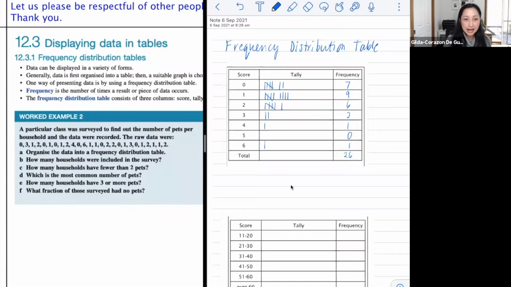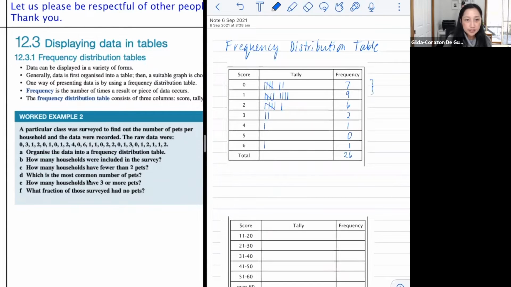How many households have fewer than 2 pets? Those are the households that had 1 or 0, so there would be 16 households that had fewer than 2 pets.